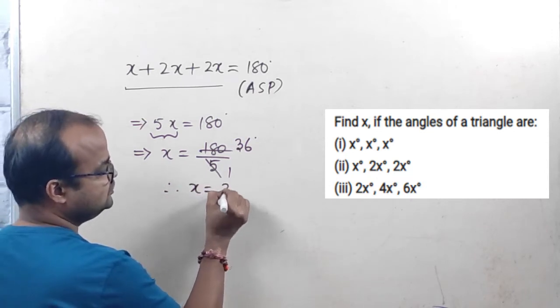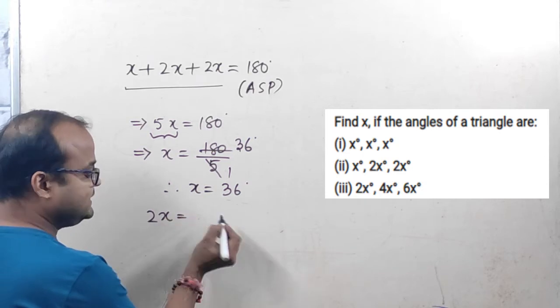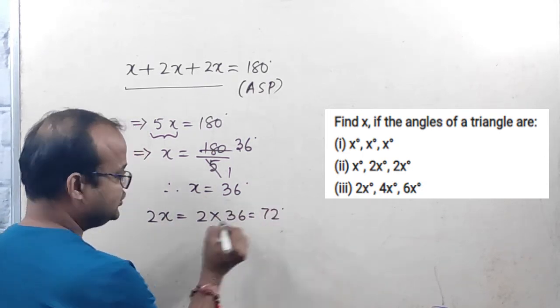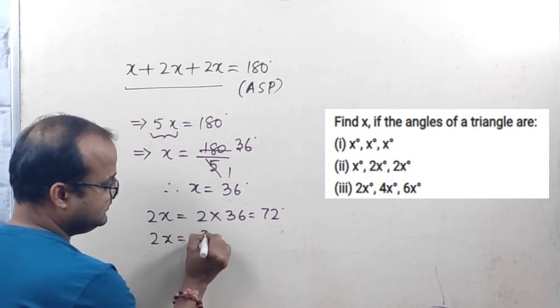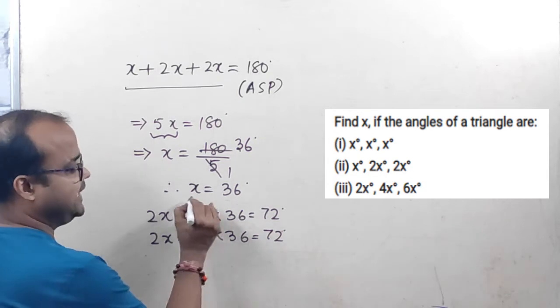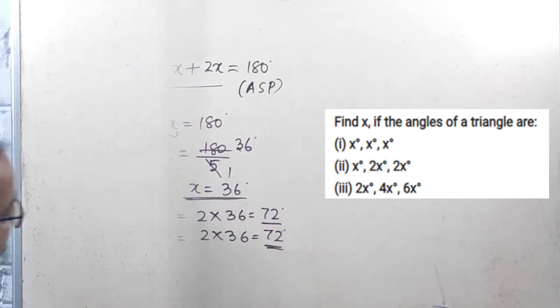Therefore x equals 36 degrees. Now 2x equals 2 into 36, which is 72, and the third angle is also 2x, so 2 into 36 is 72. So the angles are 36, 72 and 72.